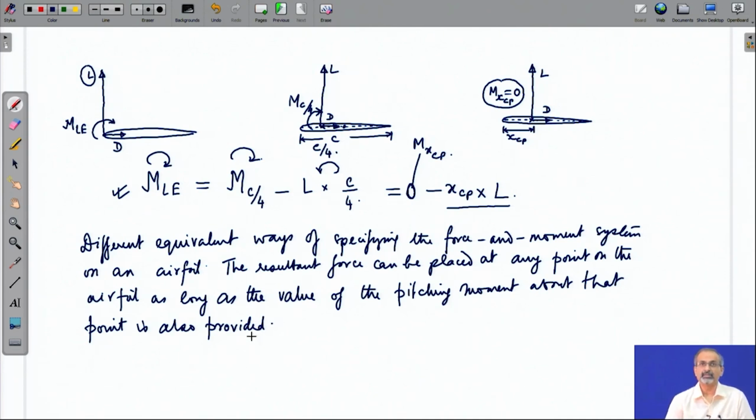And the beauty of the center of pressure is that you do not need to provide that pitching moment, because that by definition is equal to 0.